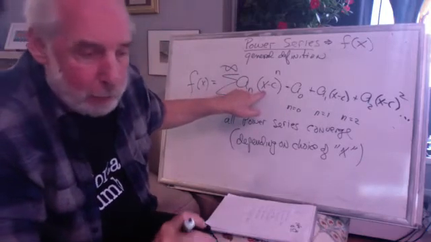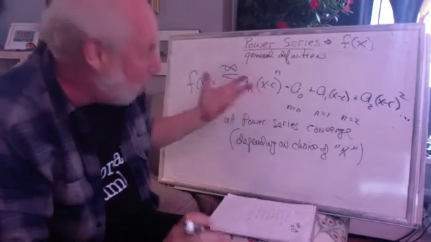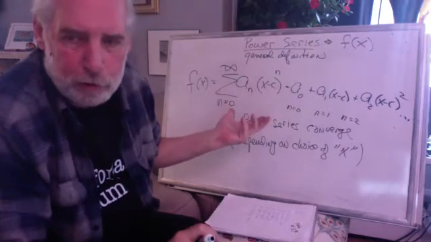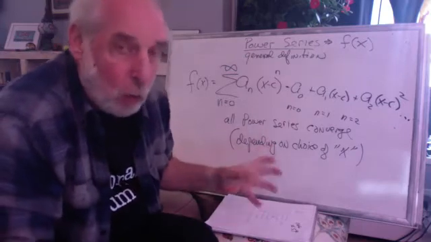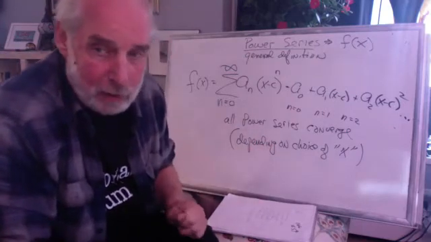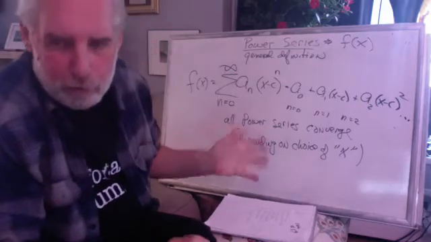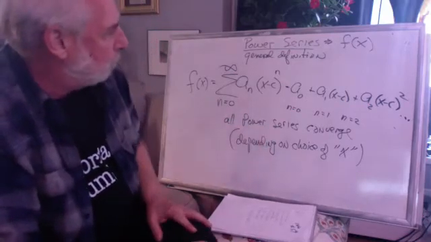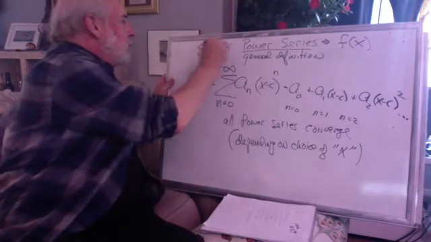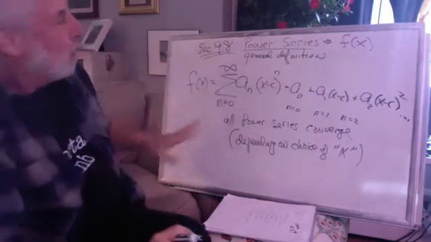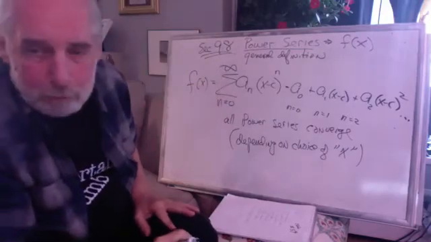So by picking appropriate values of x, we can always make a power series converge. Our job today is going to be to figure out what are those values of x that will make this power series converge. And we are in section 9.8. So that's the general definition.